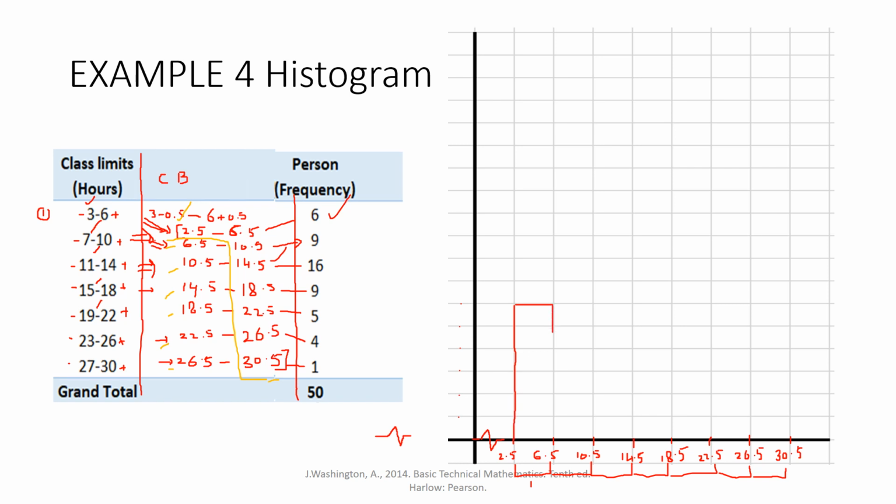And one bar will come. Okay, you should write all numbers here. 5, 6, completed. The next one is 9. So 7, 8, 9. It is in the second class.